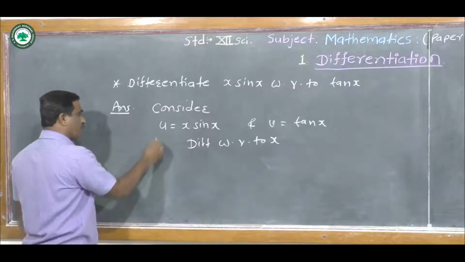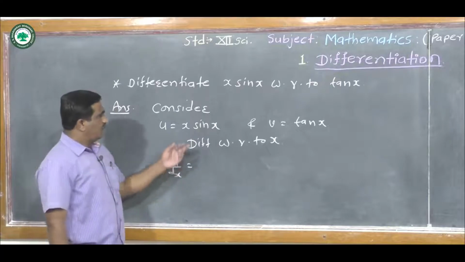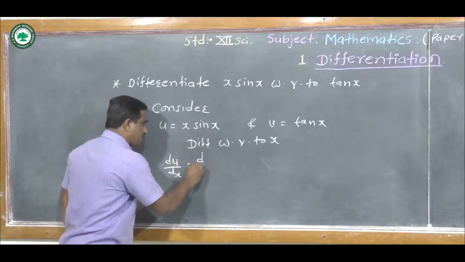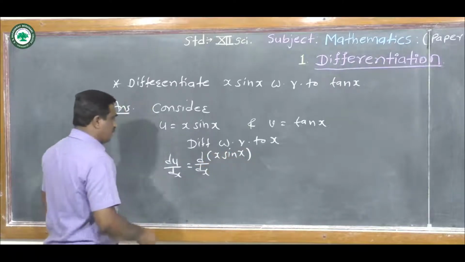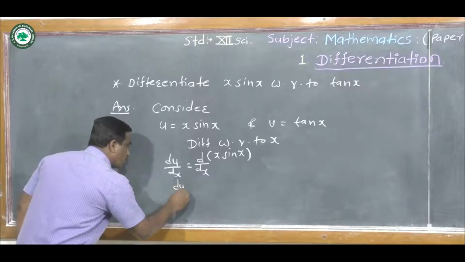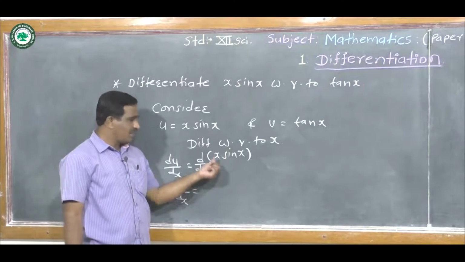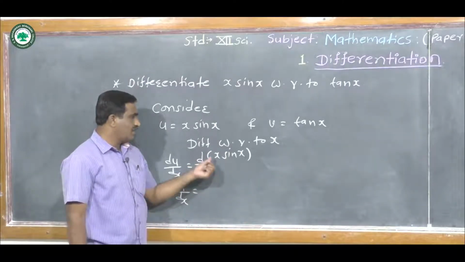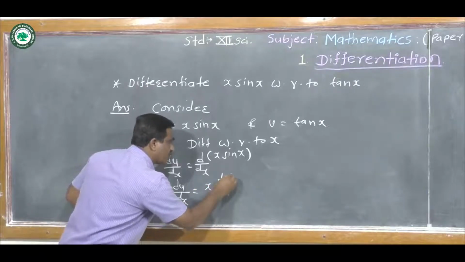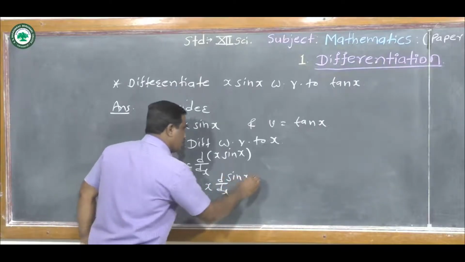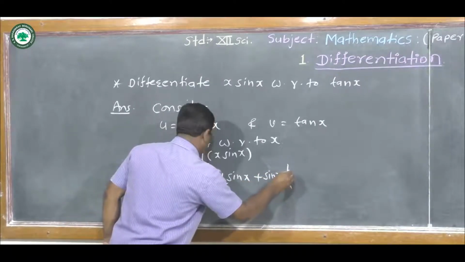Therefore derivative of u, du by dx equal to derivative of x into sin x, that is d by dx of x into sin x. Now here use product rule. Here the product of two functions x into sin x, use product rule to the RHS: first function as it is into derivative of second function sin x plus sin x as it is into derivative of first function x.